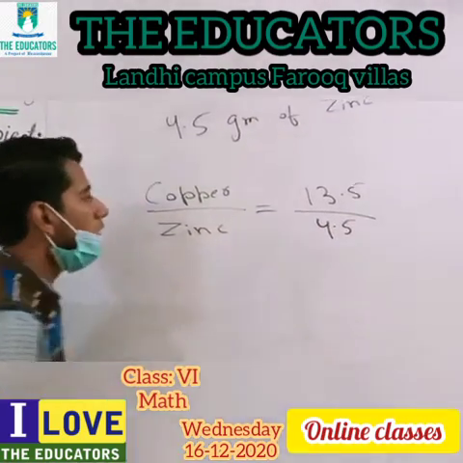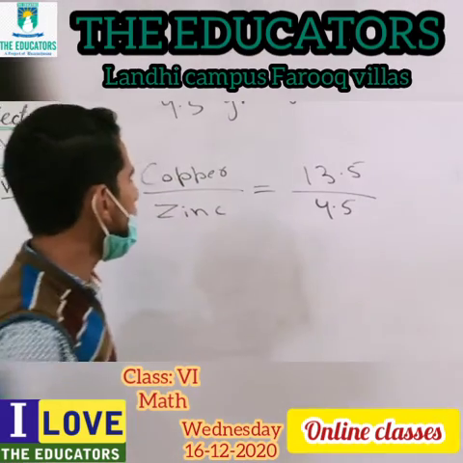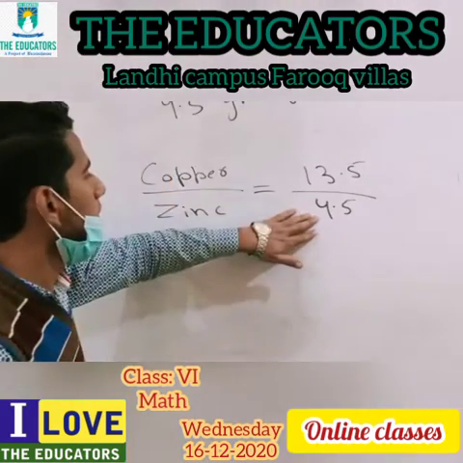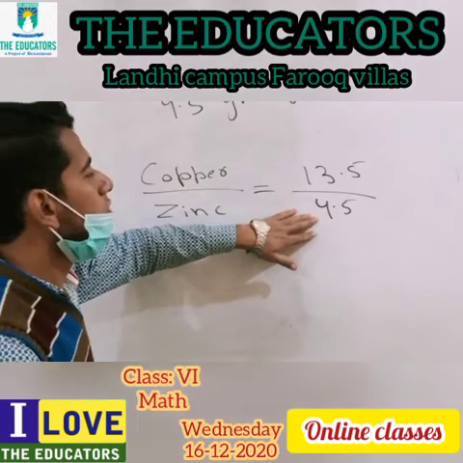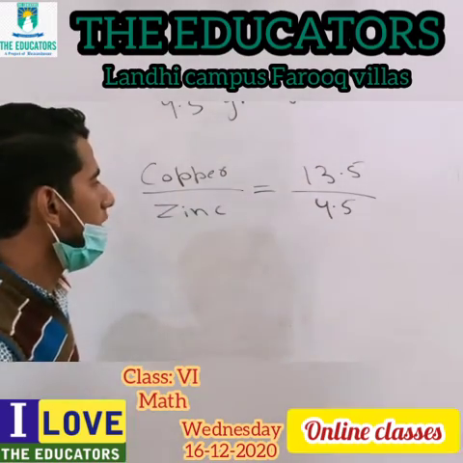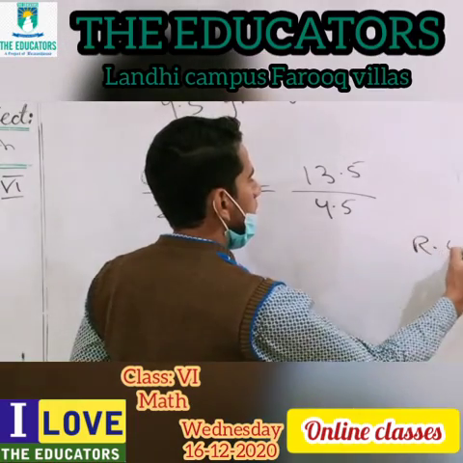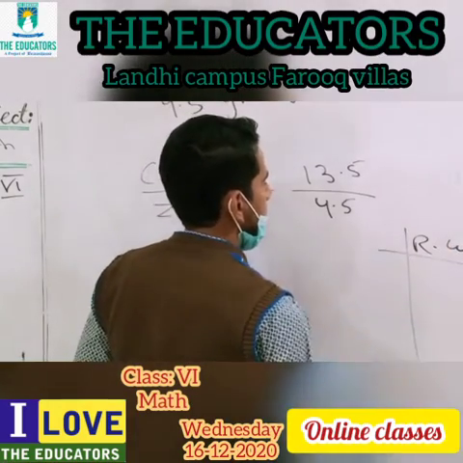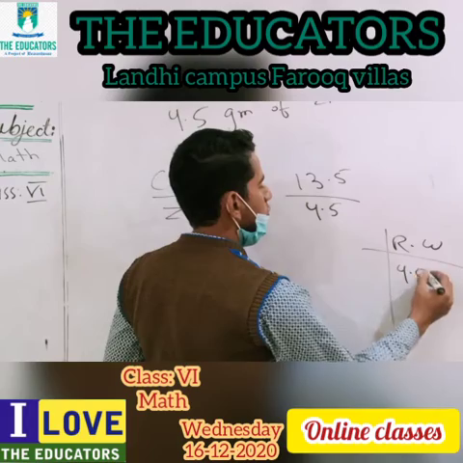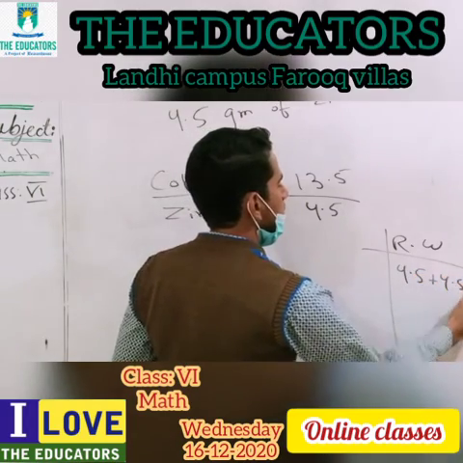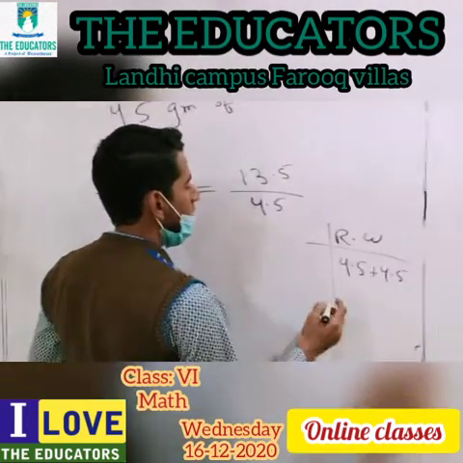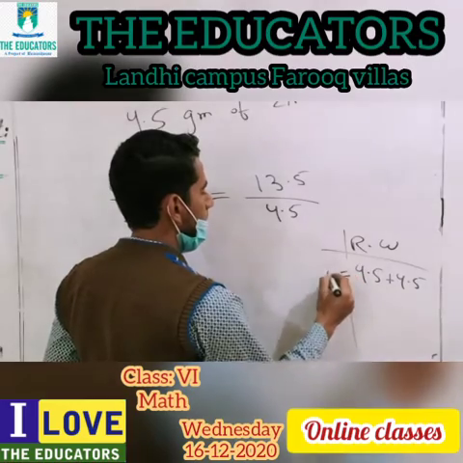Okay, now you simply have to figure out how many times we have to multiply 4.5 in order to get 13.5. Okay, so let's do it here in the rough column. First we will add 4.5 plus 4.5, which equals 9.